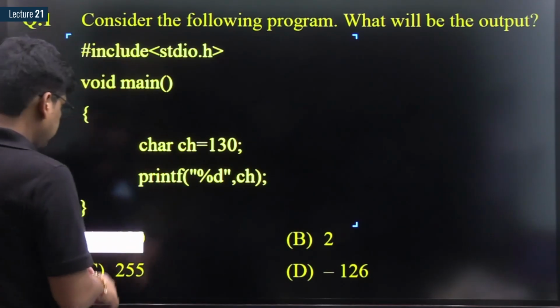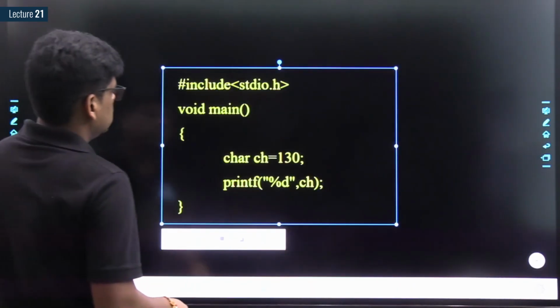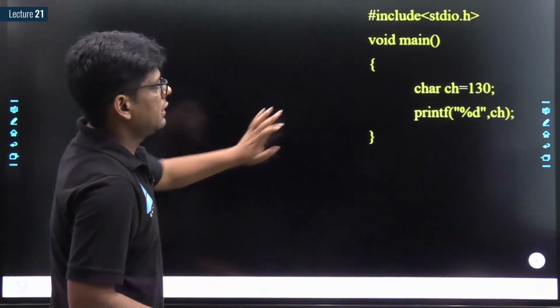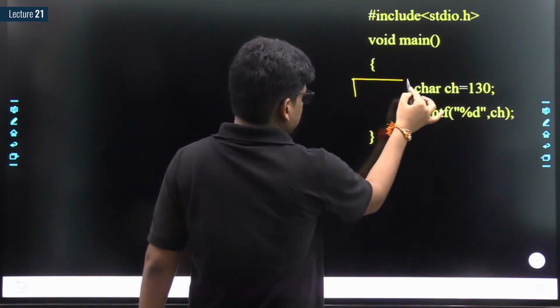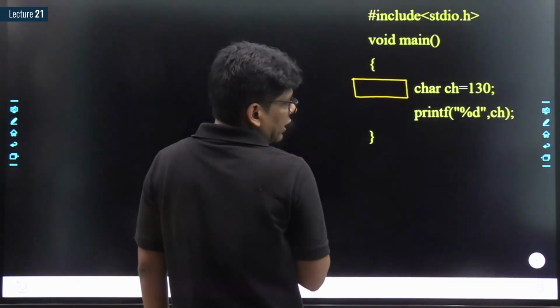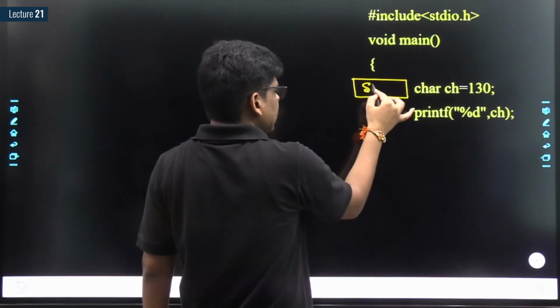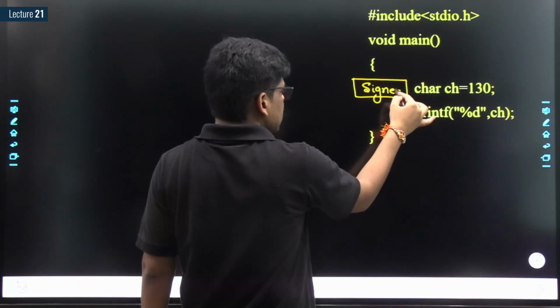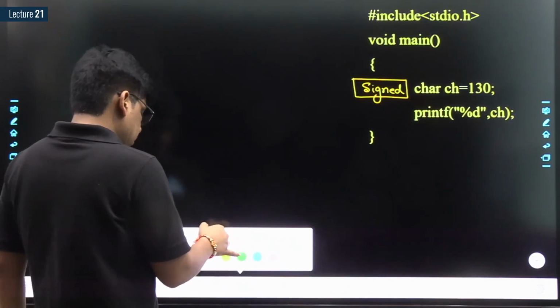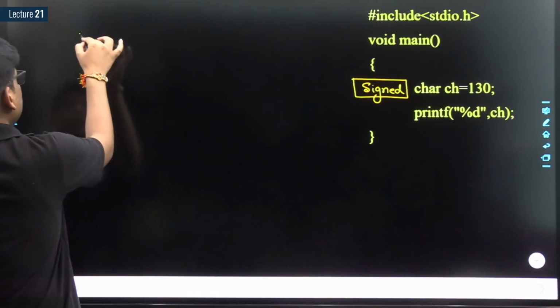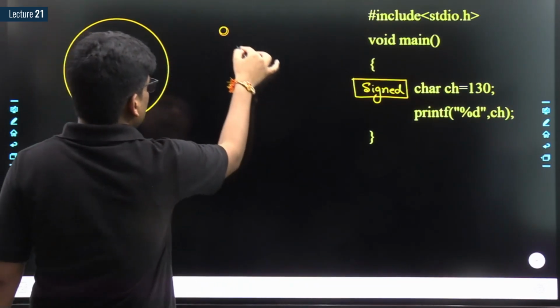Okay. So, sir, the first thing, did we mention whether it is signed or unsigned? No, sir. If we didn't mention anything, that means by default it is signed. Let me remind you about char.